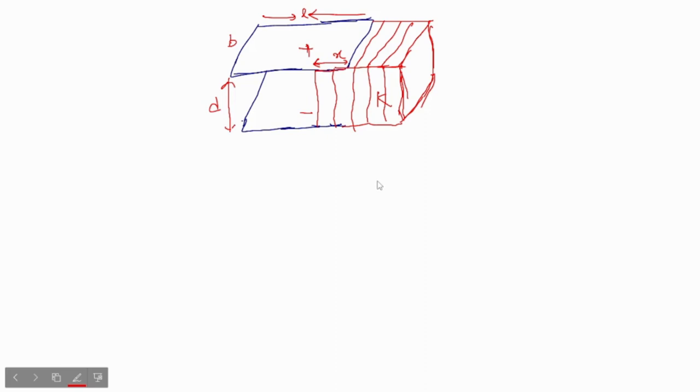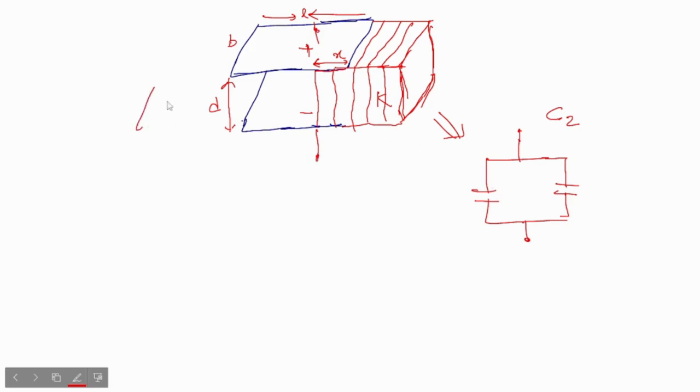So you can redraw this figure somewhat like this. Now you can see these two are connected in parallel.